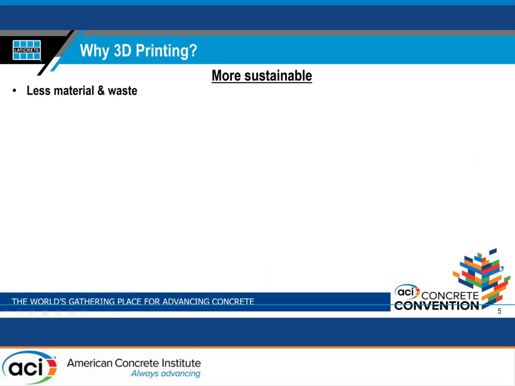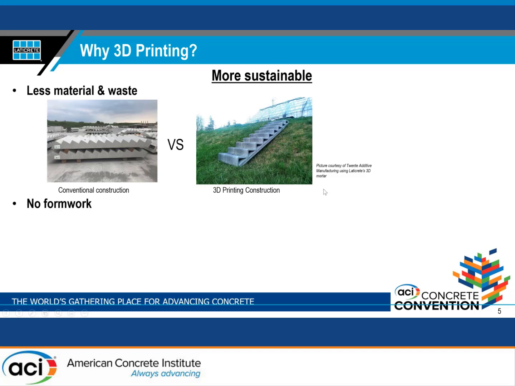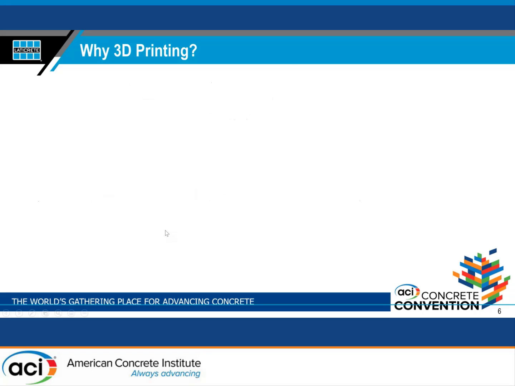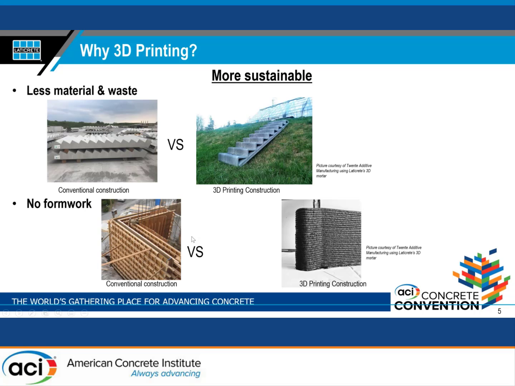3D printing also enables us to be more sustainable because by printing the structure, we can be more efficient in designing it. For example, here on the left is the precast stairs compared to the 3D printed stairs. Some parts of the structure can be left hollow when 3D printed without compromising structural integrity, meaning that we use less material and no formwork is needed.